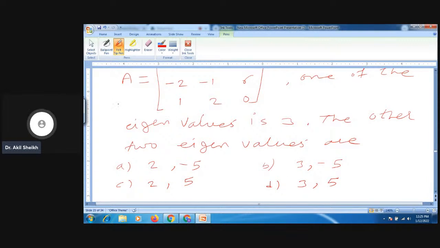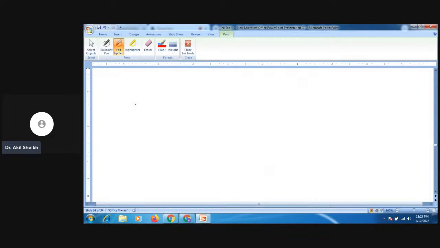This is the same example as discussed previously, which is in terms of P, where the last element, that is the last entry, is P. Now here we are using the same concept.